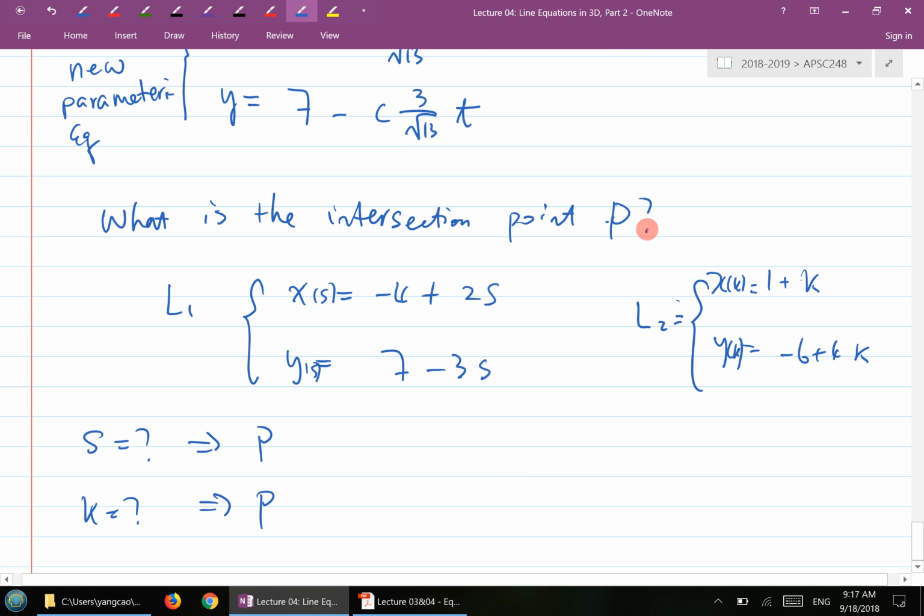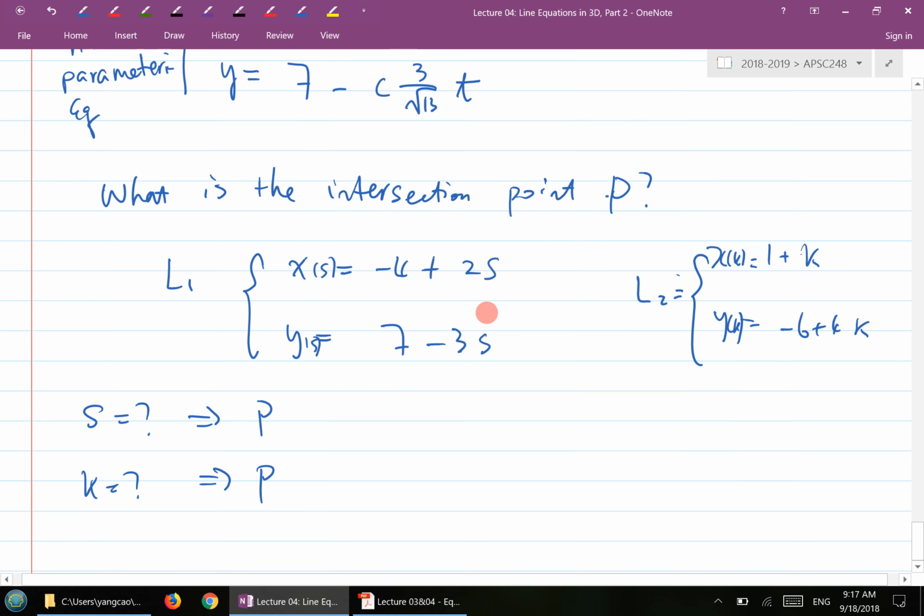So how do I solve for this? This is your typical approach to solve for an intersection of two lines. If it's 3D, that still doesn't matter, because this is 2D and I only have two equations. What you do is let this function x equal this function x, so negative 4 plus 2s equals 1 plus k.